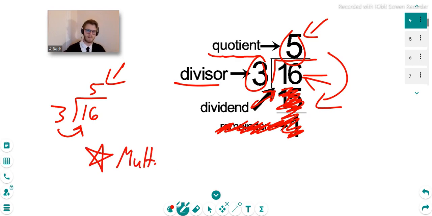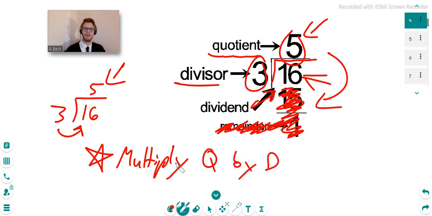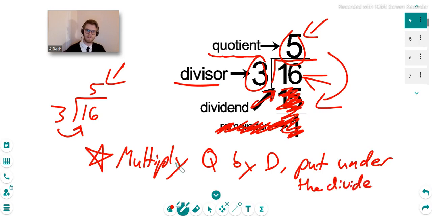Always multiply Q by D, and then put it under the dividend. Always multiply your quotient by your divisor.